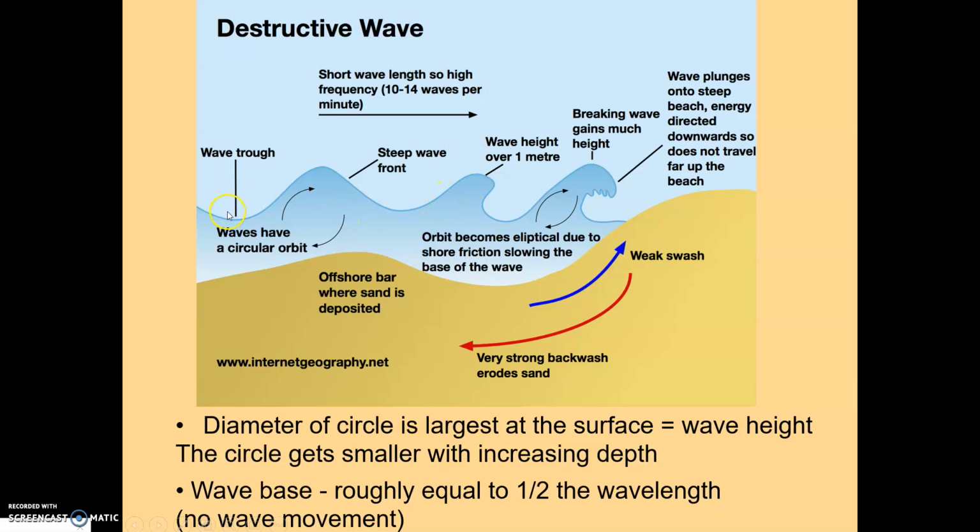I also want you to note that here your wave has more of a circular orbit, and as the wave approaches the shoreline, it becomes more elliptical. That's due to the morphology of the wave and the friction that slows the wave at the base of the wave at the bottom of the shoreline.